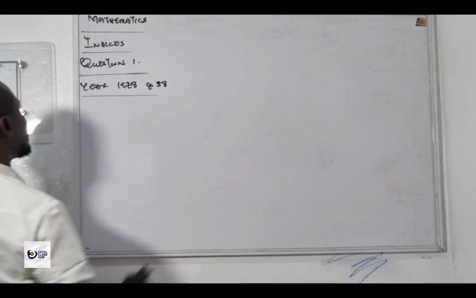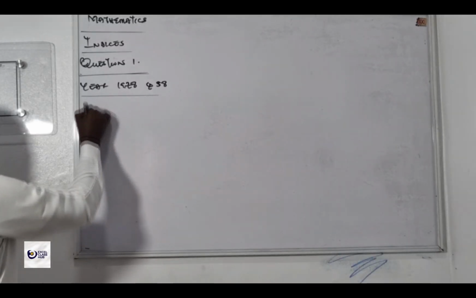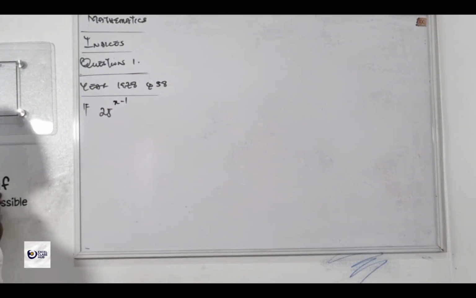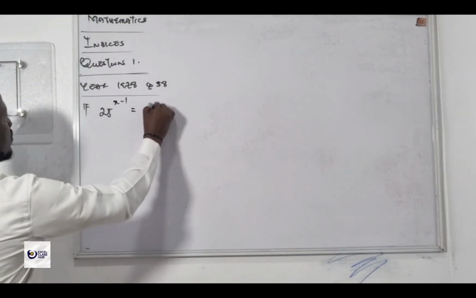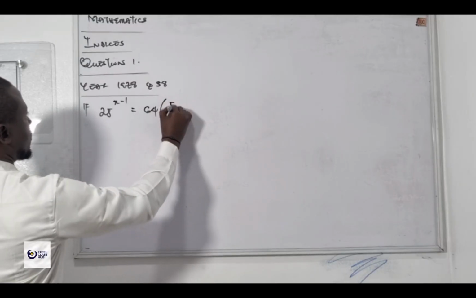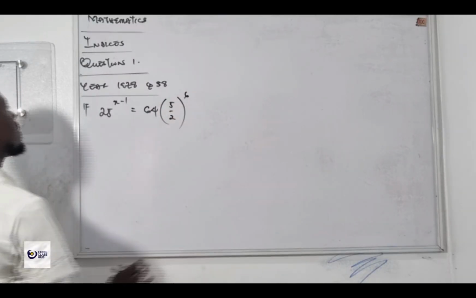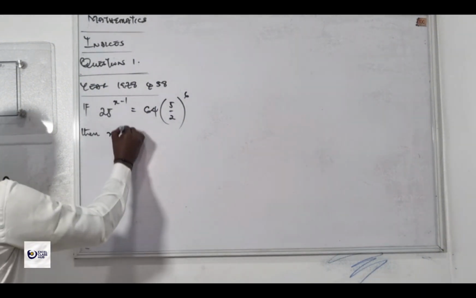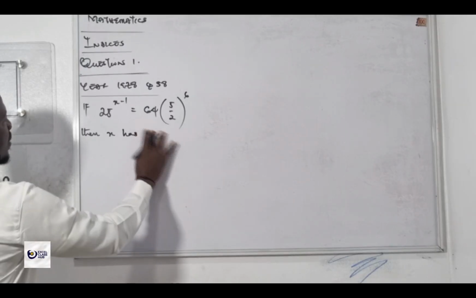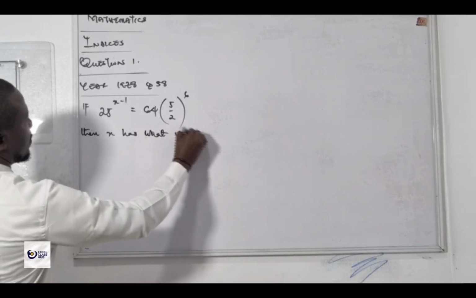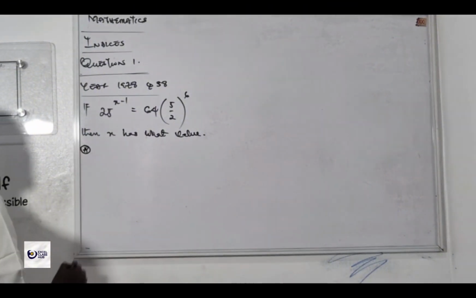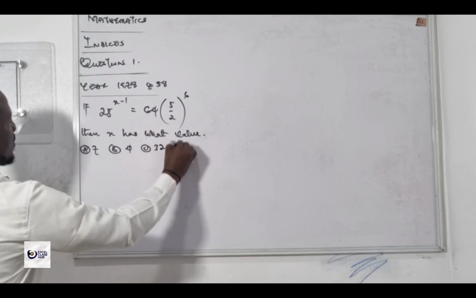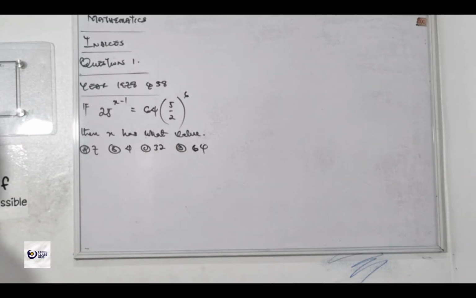It says, if 25 raised to the power of x minus 1 is equal to 64 times (5 over 2) raised to the power 6, then x has what value? Option A, 7. B, 4. C, 32. D, 64. E, 5.